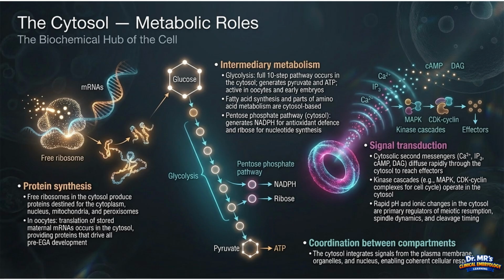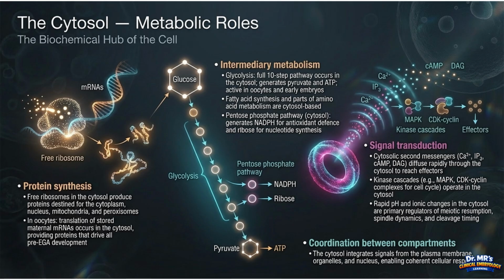The pentose phosphate pathway, also cytosol-based, generates the reduced nicotinamide adenine dinucleotide phosphate needed for antioxidant defense, protecting the oocyte from reactive oxygen species, and the ribose sugars needed for nucleotide synthesis and therefore deoxyribonucleic acid replication in the developing embryo.